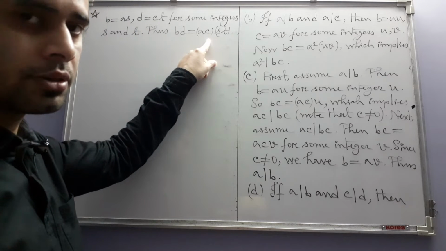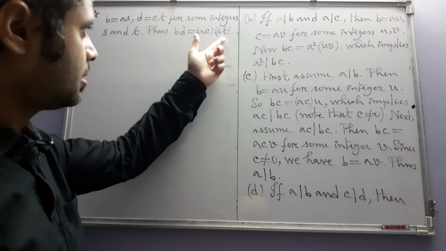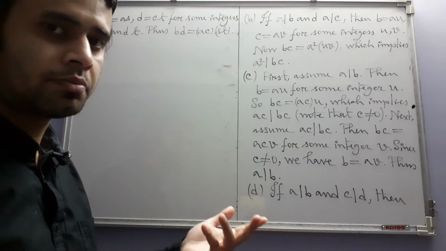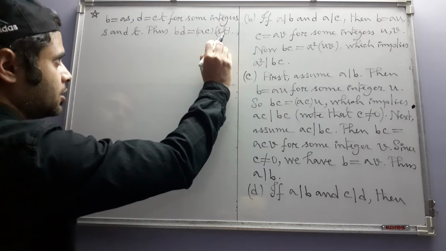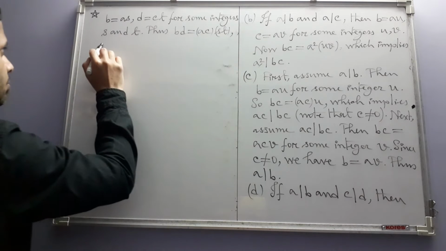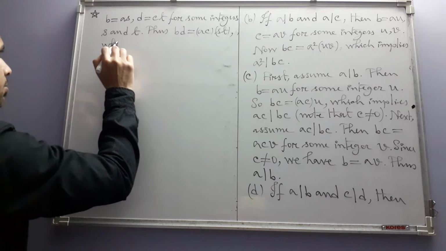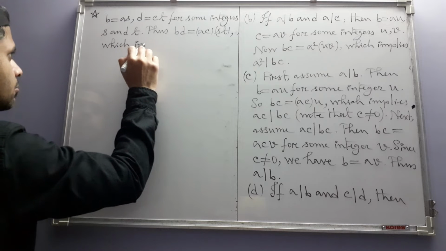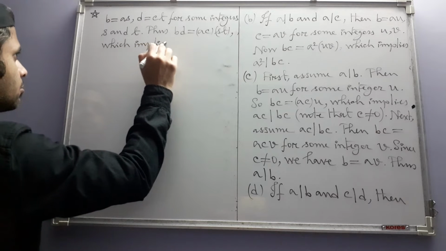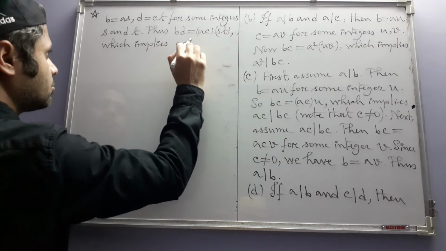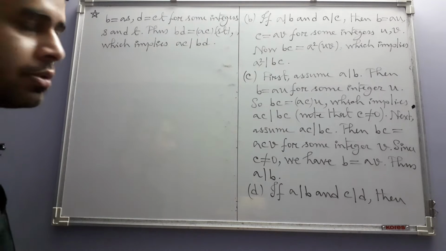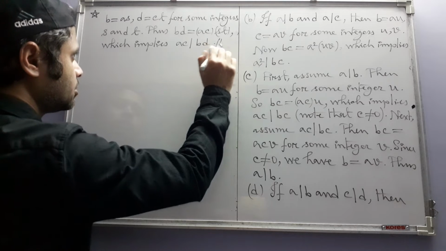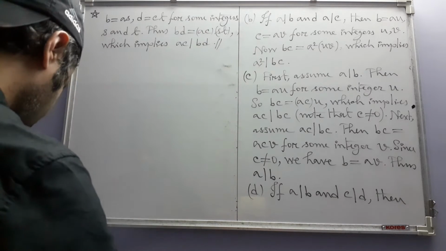So AC is non-zero and S and T are integers, so the product ST is also an integer. So from this equation, you can write that AC divides BD. That's what we had to prove. So this completes the solution.